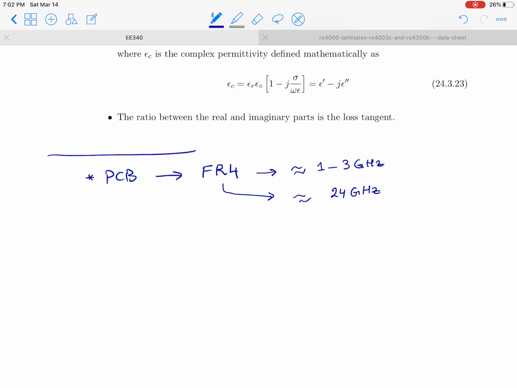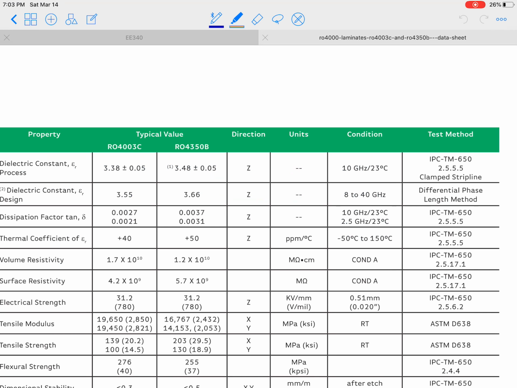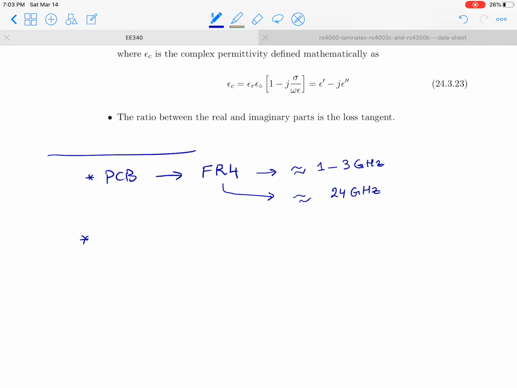So if you were to design a circuit that operates at high frequencies, at millimeter frequencies for example, you have to go for very expensive materials. One example is Rogers substrates. There are multiple types of Rogers substrate.